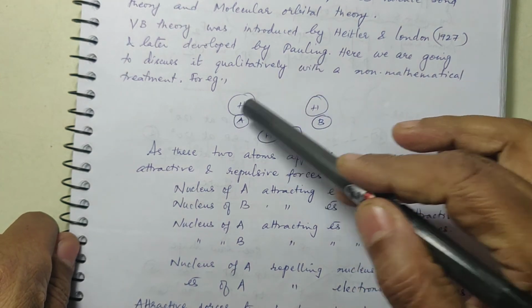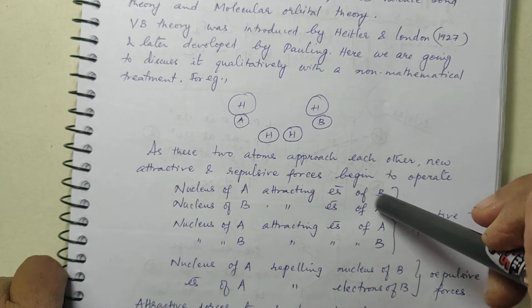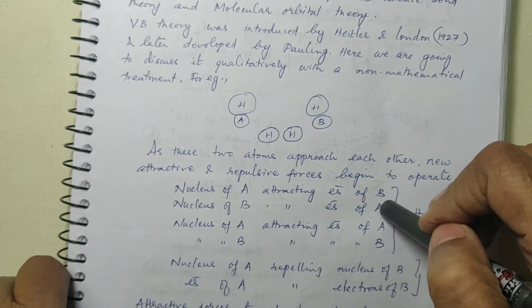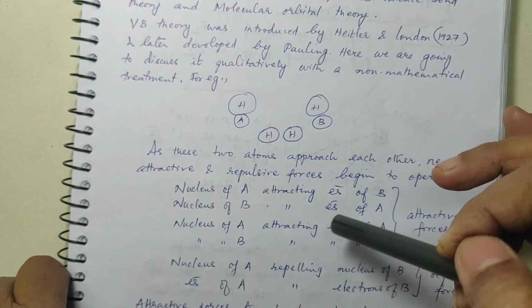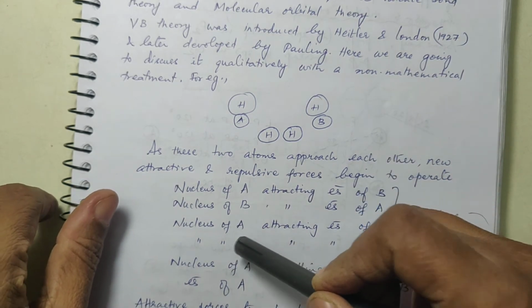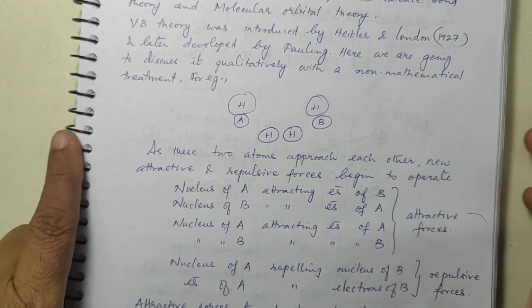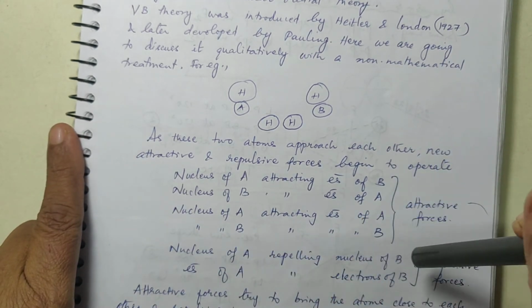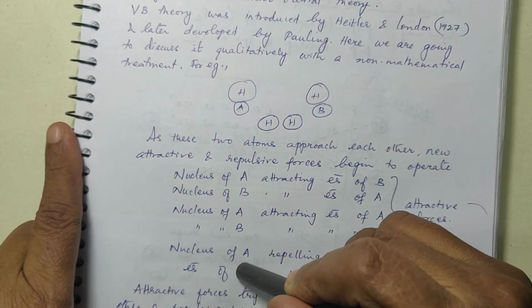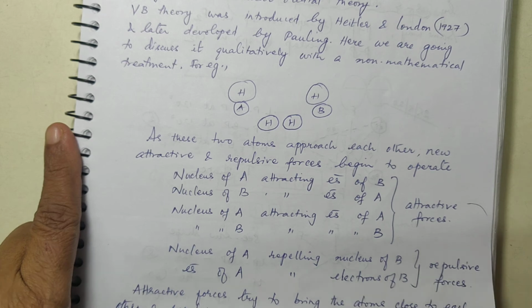Say for example, this is A, this is B. Nucleus of A attracting electrons of B. Nucleus of B attracting electrons of A. Then nucleus of A attracting its own electrons also. In the same way B will attract its own electron. So these are the attractive forces. And the nucleus of A repelling with nucleus of B, and electrons of A repelling with electrons of B. These are the repulsive forces. Okay? Right.